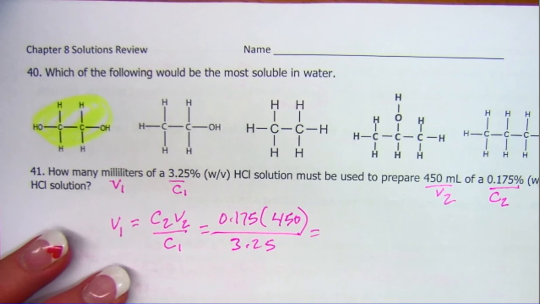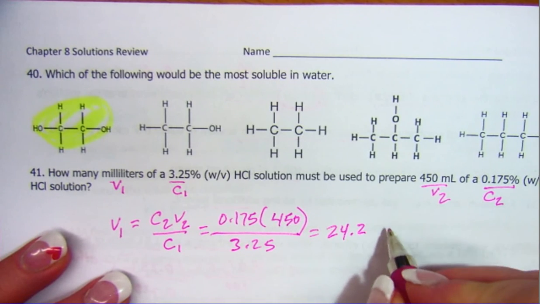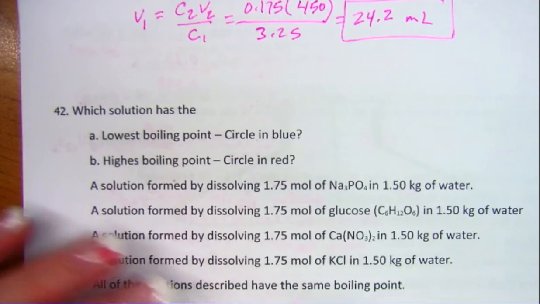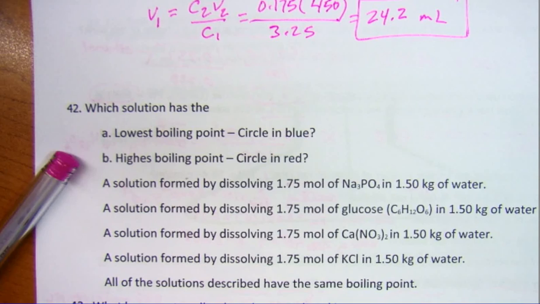Quick and dirty, 0.175 times 450 divided by 3.25. 24.2 milliliters. Done.